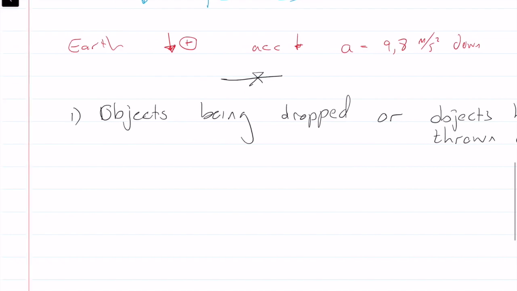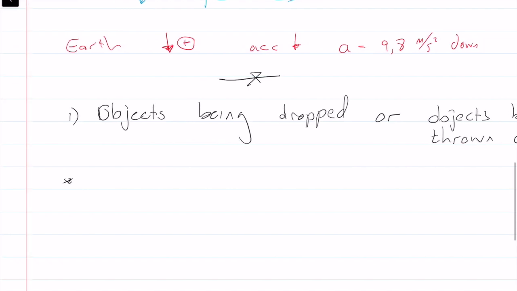So when we see a question with this situation, where we see the word drop, it has some implications. Some keywords that always come up are dropped, or released, or falls.